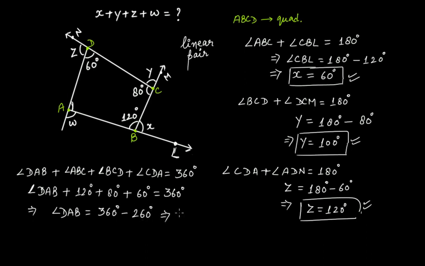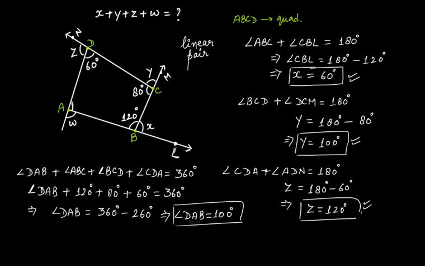From here you get angle DAB as 100 degrees. If you want to cross check it, 100 plus 120 is 220, plus 80 is 300, plus 60 is 360 degrees.